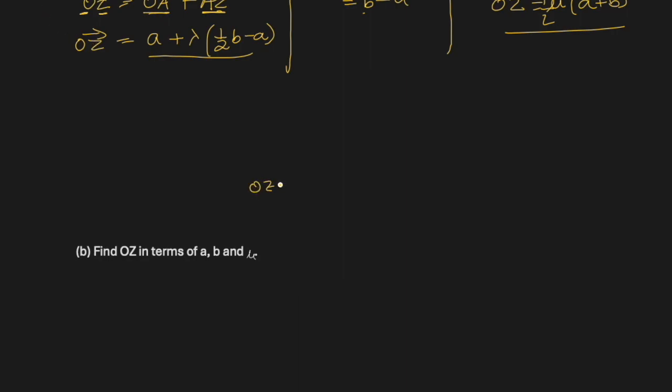So we can equate the two we got here. OZ equal to A plus lambda times (half B minus A), which is also equal to half mu (A plus B). Yeah, that's what I equated.